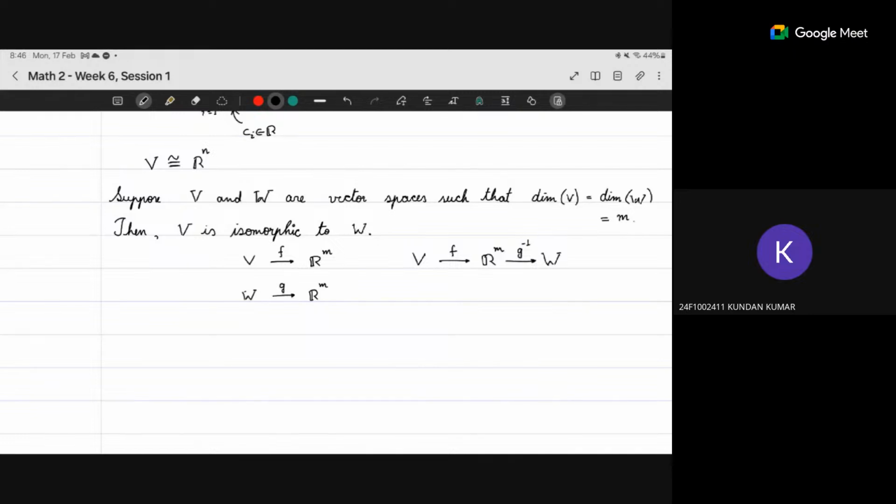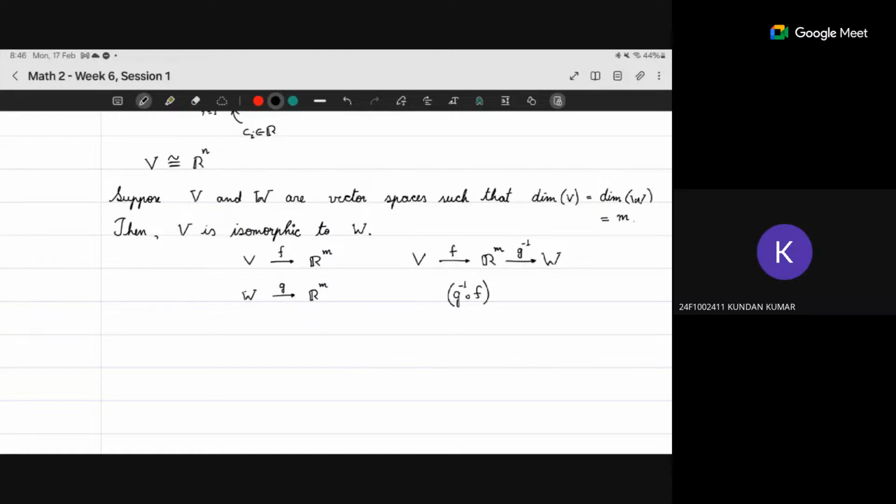This is where the existence and uniqueness of pre-image plays a role. You think about it a little bit, you'll understand. So this map is actually G inverse of F. This G inverse of F is a linear transformation. This is also a bijection, you can check. Compositions of bijections are bijections.